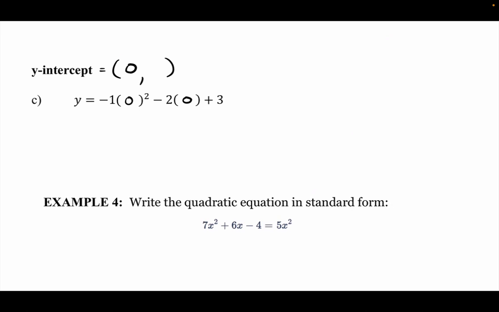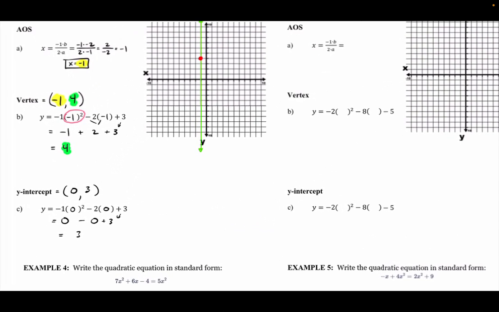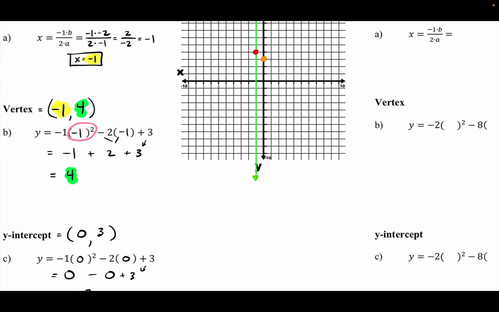Times negative 1, 0 still, right? Negative 2 times 0. Bring down your 3. Positive 3, right? 0 minus 0 plus 3 is 3. Got to go make that: 0, 3.